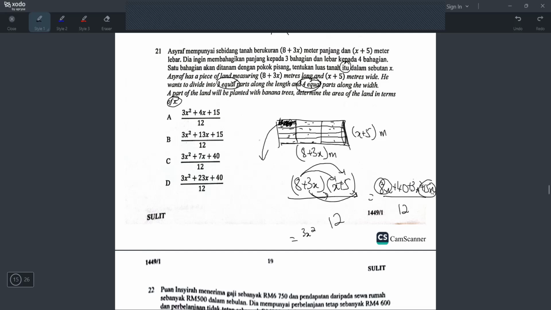Okay, 8x and 15x, you can use a calculator, right? 8x plus 15x, you get 23x. And then the last one is just plus 40, and over 12. Okay, I explain one more time. The 3x squared, I write in front. 8x plus 15x, 23x, and then plus 40 over 12. So the answer is D.